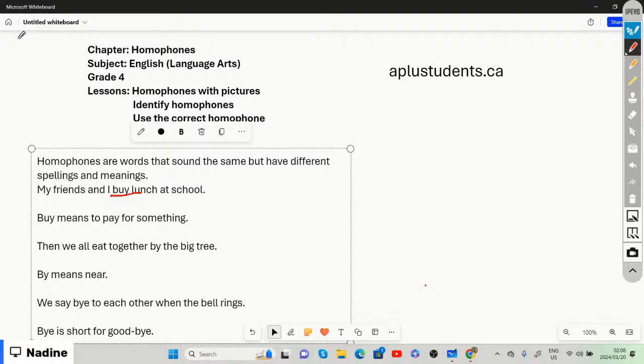All right. Then we all eat by the gate. Then we have another one that says, then we will eat together by the big tree.